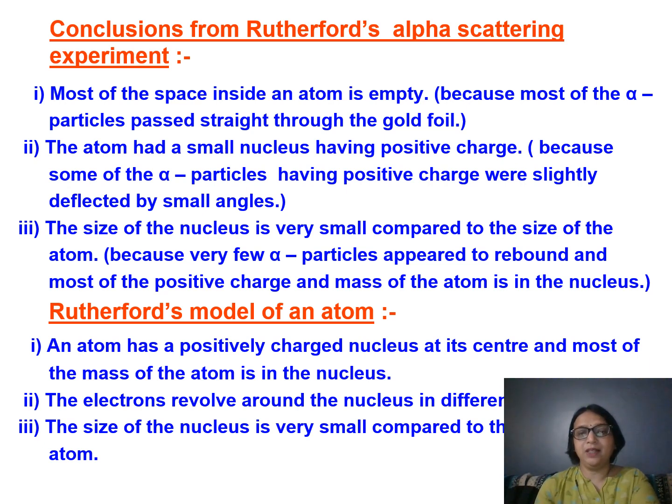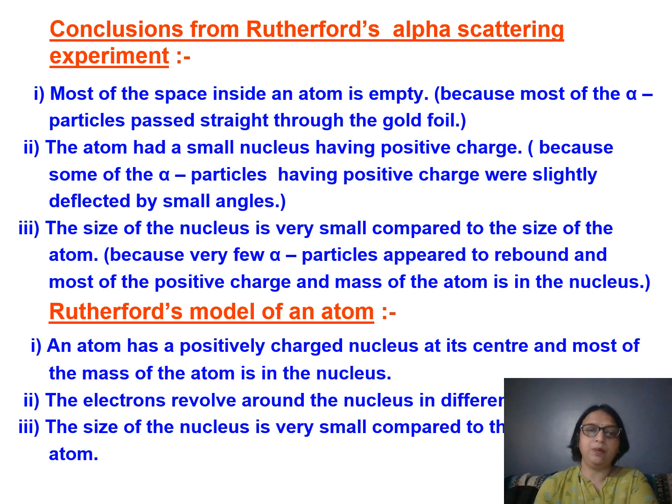The size of the nucleus is very small compared to the size of the atom, because very few alpha particles appear to rebound, and most of the positive charge and mass of the atom is in the nucleus.